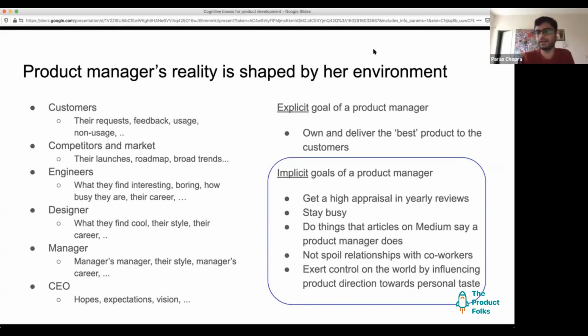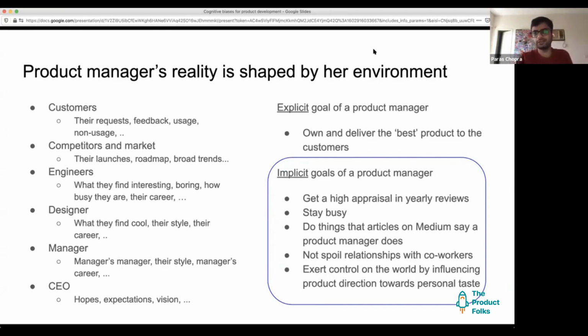For example, the implicit goal is getting a high appraisal in yearly reviews. Another implicit goal is to stay busy in the organization, and then to do things that articles on Medium say product managers do. Also, not to spoil relationships with coworkers, and finally to have this sense of exerting control on the world by influencing the product direction towards personal taste, because all of us have our personal taste.